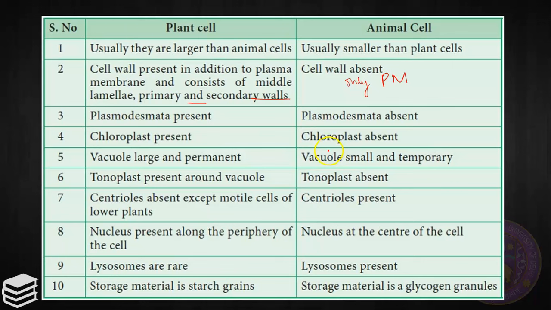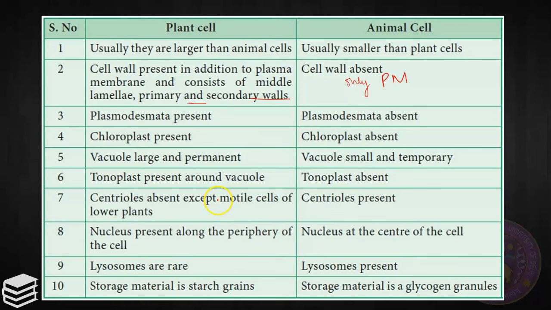In animal cells, vacuoles are small or temporary, while in plant cells vacuoles are large and they are permanent, for storage as well as turgor pressure. Tonoplast, which is the membrane that surrounds the vacuole, is present in the plant cell, while in animal cells it is absent.